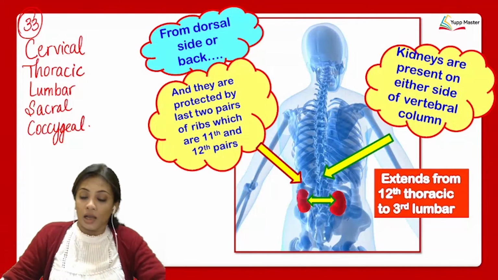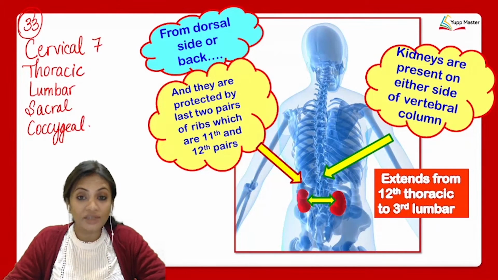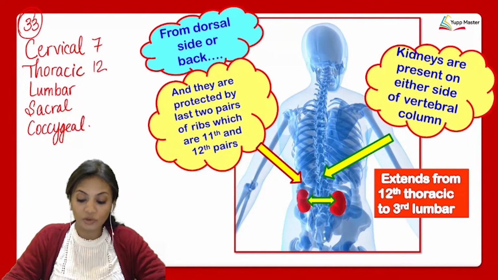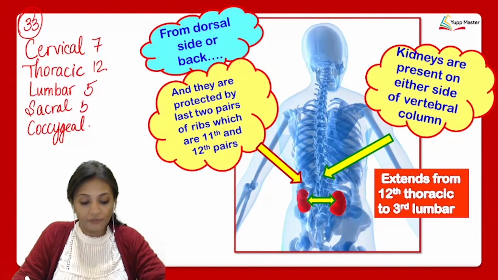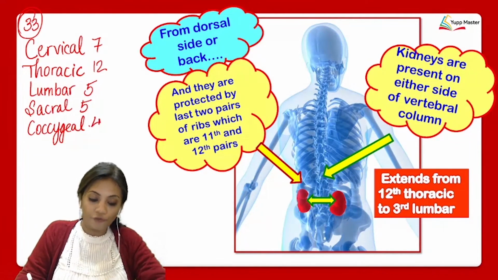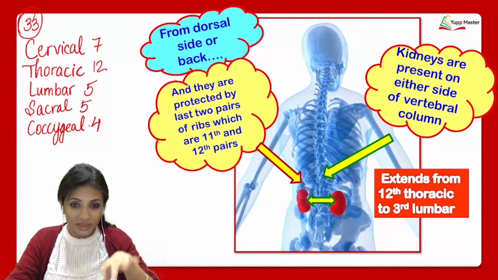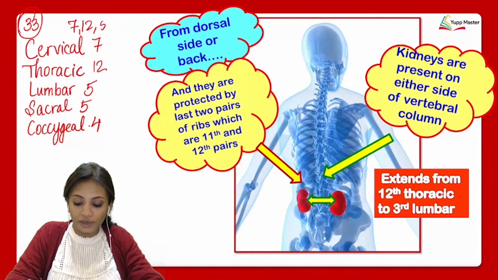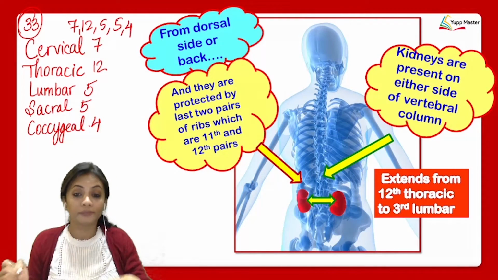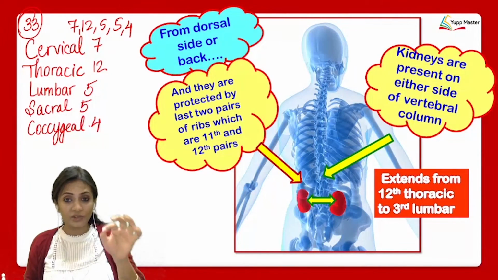Now, the count of these vertebrae is 7 cervical, 12 thoracic, 5 lumbar, 5 sacral, and 4 coccygeal. That's how you're going to remember it: 7, 12, 5, 5, 4.